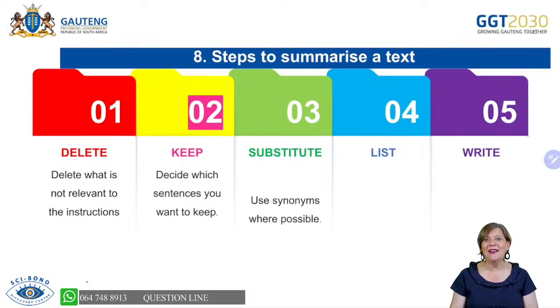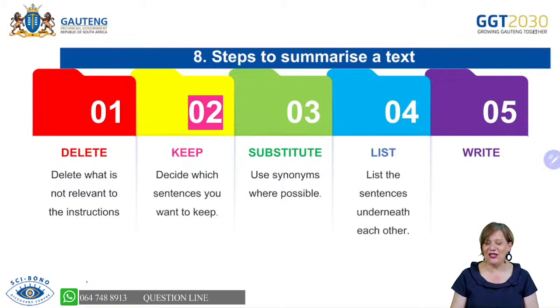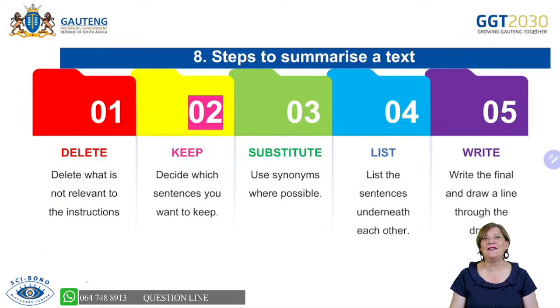In other words, you write it down underneath each other. Yes, and it must be numbered from 1 to 7. And then finally, you write a final. And make sure you draw a line through your draft. Can you see how easy this is? You can't get it wrong, I promise you.